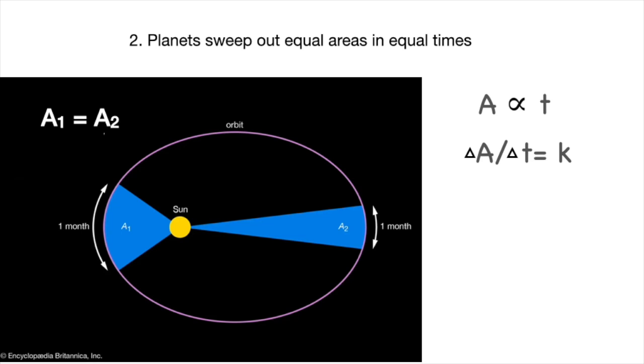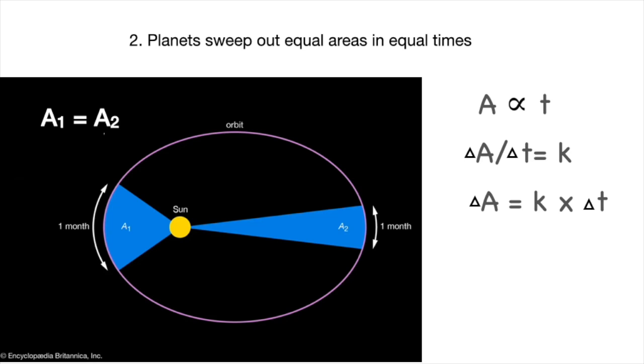We can also write this equation as delta A equals K times delta T. Delta A and delta T are finite quantities, meaning that they are always associated with real numbers.